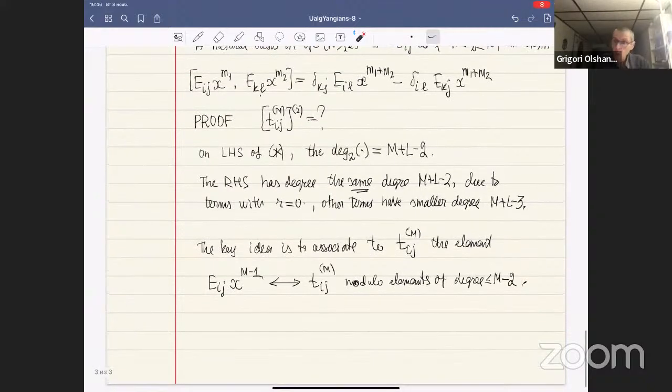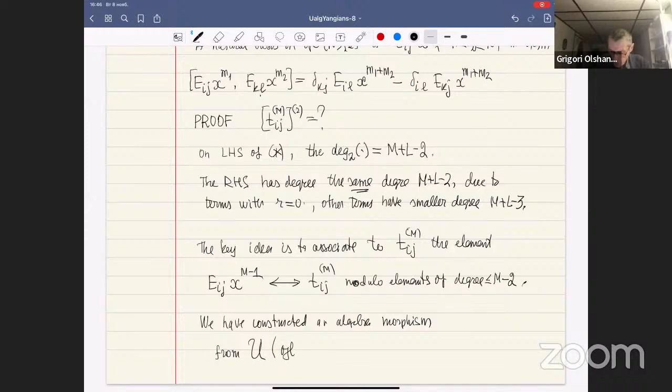Of course, what we did exactly is we have constructed an algebra morphism, which is a surjective morphism from our universal enveloping algebra to this graded algebra.